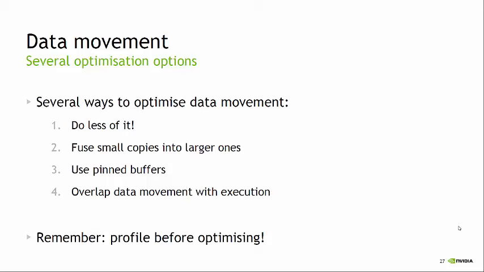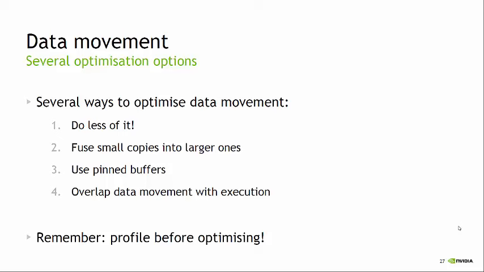Coming back to the pinned buffers, if pinned buffers are faster, why not use them all the time? Because if you have too many pinned buffers on your CPU, your operating system doesn't like it so much and starts to go a bit slower. So pageable memory is much more convenient for the CPU and the operating system in terms of running nicely. The overall pinned memory space you have is significantly less than the pageable memory space, for example.